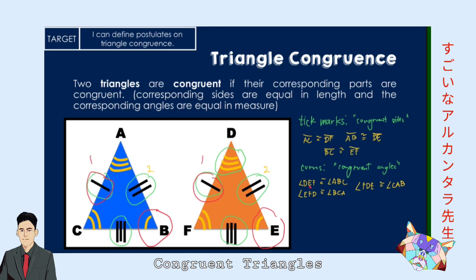So we can say that two figures are congruent when the angles and the sides, the pairings of them, are all congruent. But in the case of triangle congruence, we don't have to check all of the details. There are certain postulates and theorems where if these certain situations are already true, are already congruent, we don't have to look for the rest.